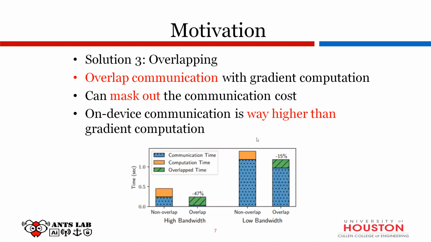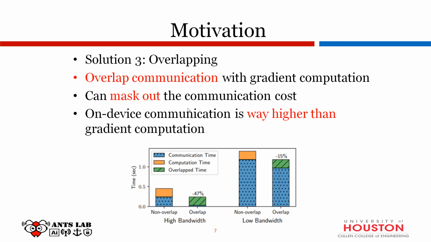Here's a figure to show what that means. If we have an environment with high bandwidth, as on the left, you can see that doing the overlap will effectively reduce the amount of time to do the training.